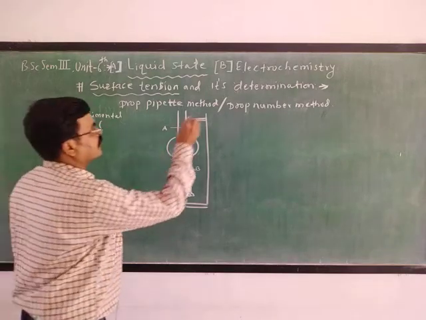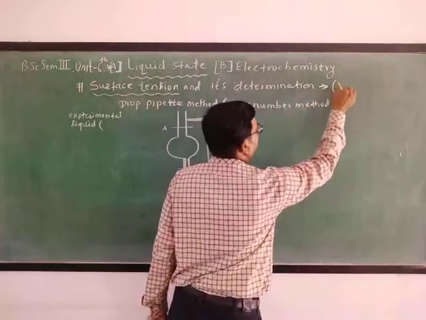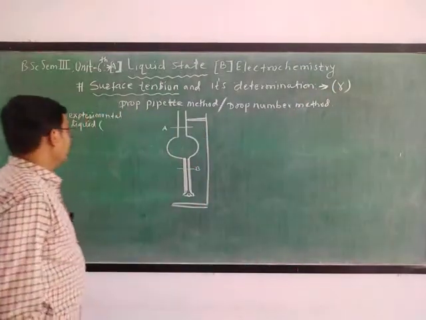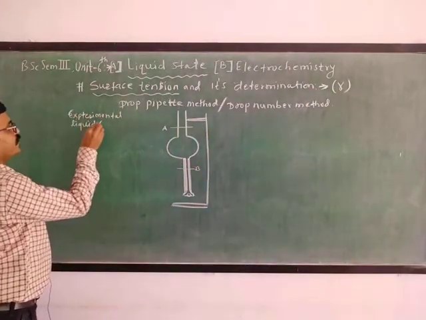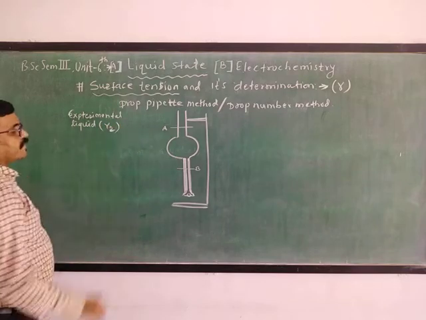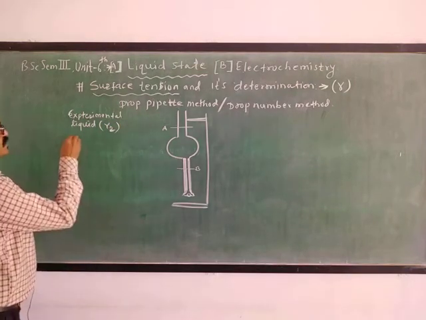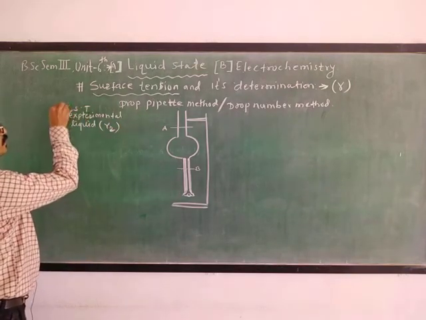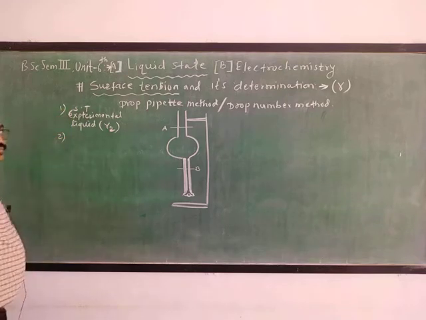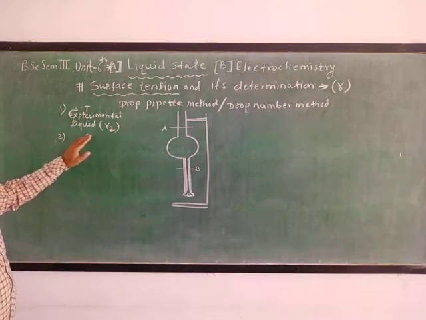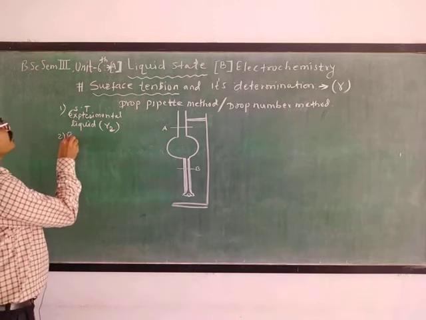No doubt this surface tension is denoted by the letter gamma. Let me assume we have to find gamma 2, that is the surface tension of the experimental liquid. In order to determine it, we have to use another liquid.